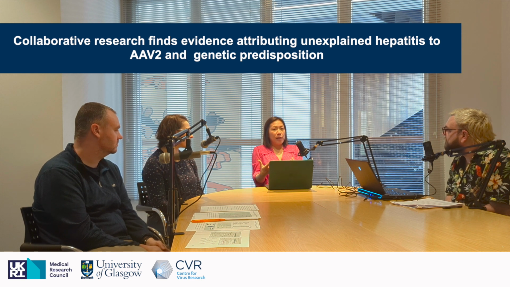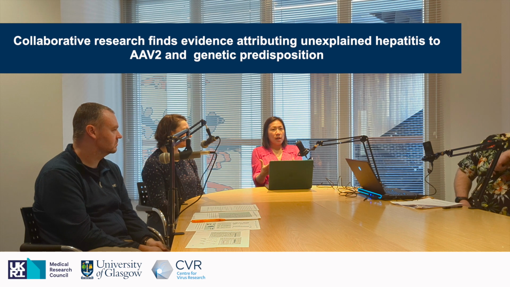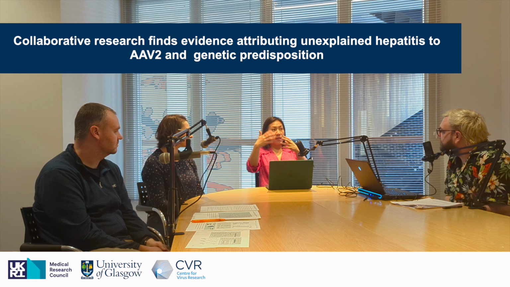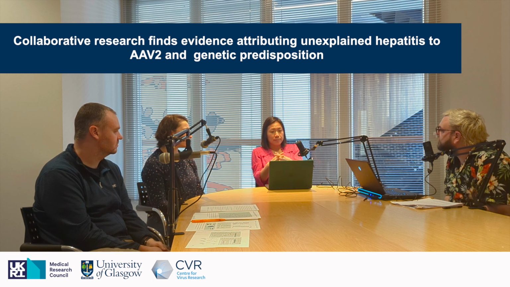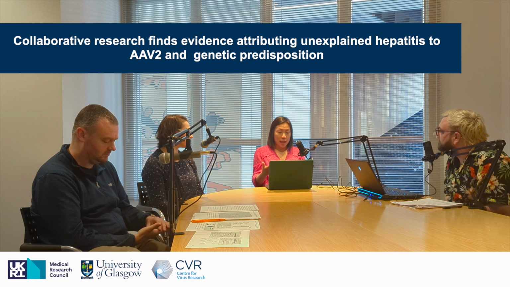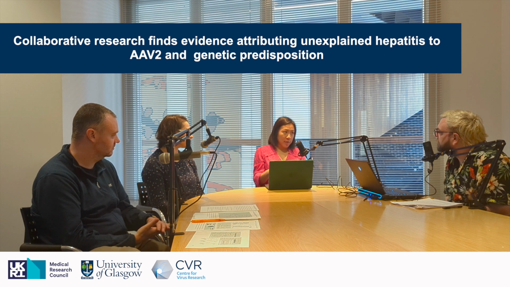So maybe when the patients are presenting with jaundice and liver inflammation, that's also when AAV2 has very high viral levels. We then also looked at serology, because that lets us look at the antibody response. In the patients where we had residual blood left over, we did IgM and IgG.